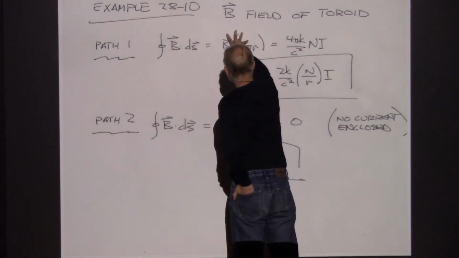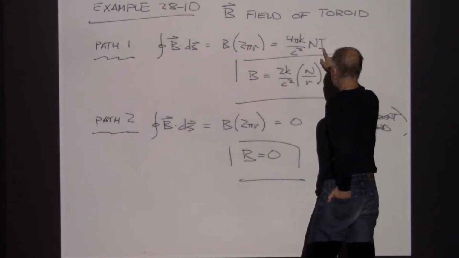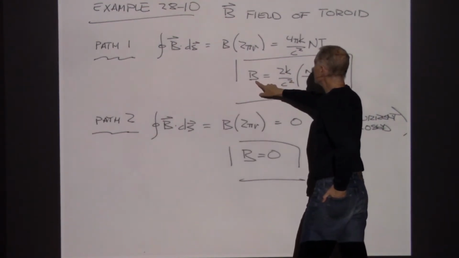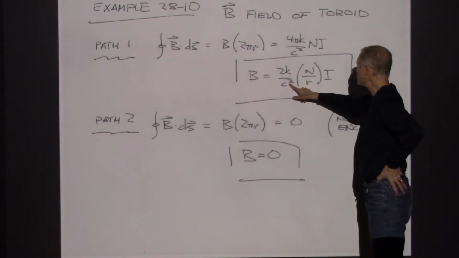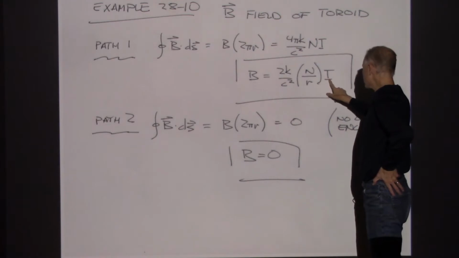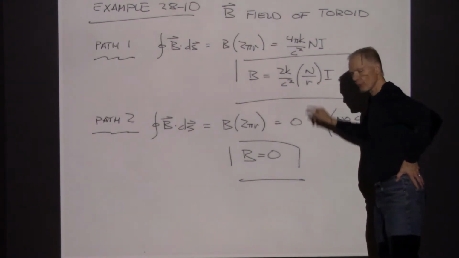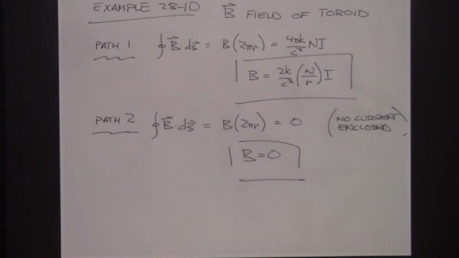I can set that equal to 4πk/c² times nI, and that says the magnetic field within the toroid is going to be (2k/c²)(n/r) times the current. So the r does vary a little bit inside the toroid, and so the magnetic field will also vary just a little bit from the inner radius to the outer radius of the toroid.